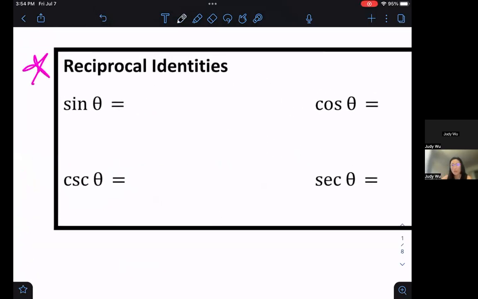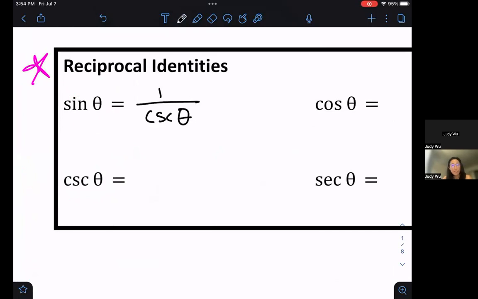One of the things that we might already know is that sine has a reciprocal function. When we looked at reciprocal functions in chapter 5, sine and cosecant are reciprocal functions. So another way of saying sine of theta is 1 over cosecant theta.